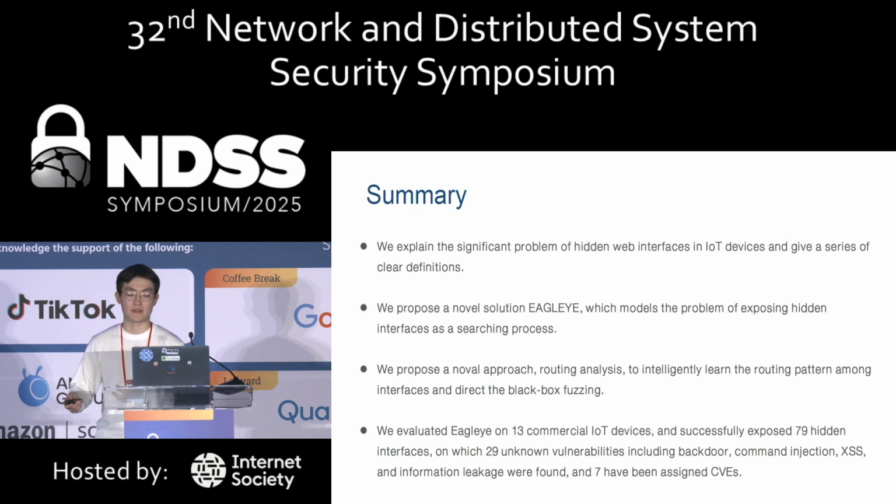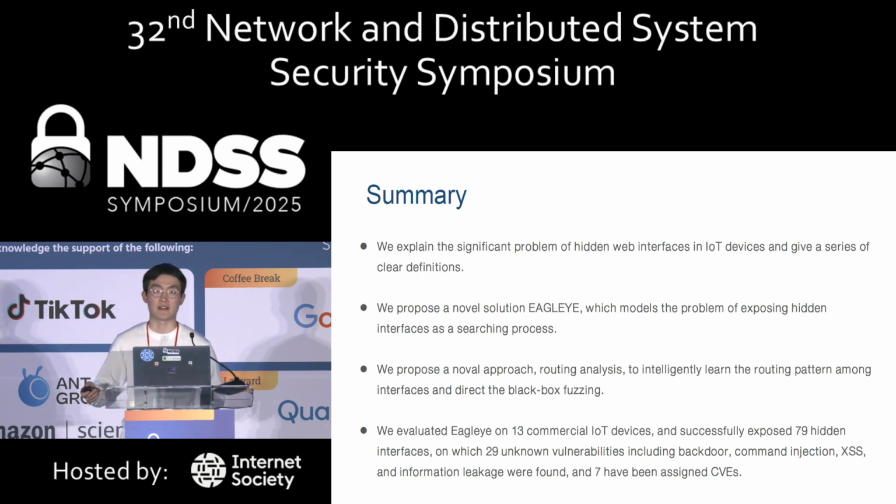They propose a novel approach, routing analysis, to intelligently learn the routing pattern among interfaces and direct black box fuzzing. They evaluated EAGLEYE on 13 commercial IoT devices and successfully exposed 79 hidden interfaces, on which 29 unknown vulnerabilities, including backdoors, were found, and 7 have been assigned CVEs.